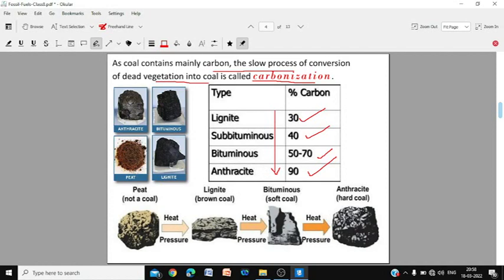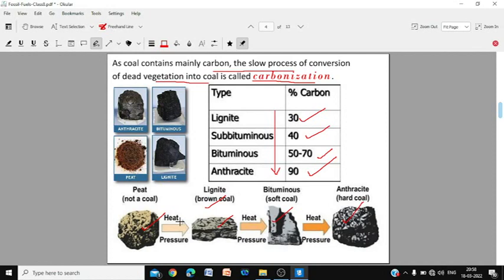First we have peat, which is not a coal but a transition form. Then brown coal or lignite, which contains only 30%. Then bituminous, soft coal, with a higher percentage of carbon. And finally hard coal or anthracite, with up to 90% carbon.